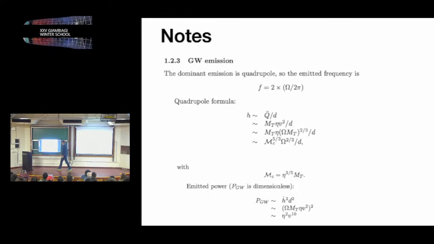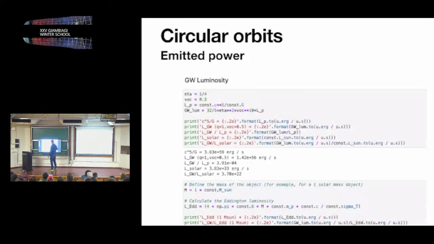But this combination that gives the units, c to the 5 over G, is some Planck-like energy rate, which is humongous. So that's something to remember. All the black hole mergers produce a small fraction of this luminosity. But it's a humongous luminosity.